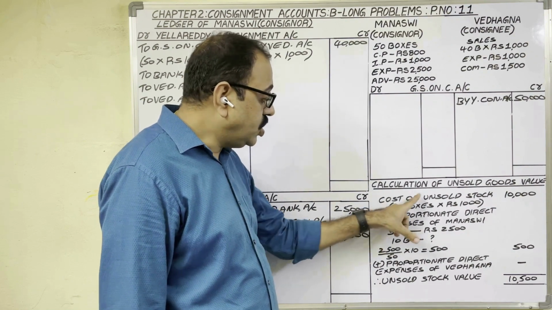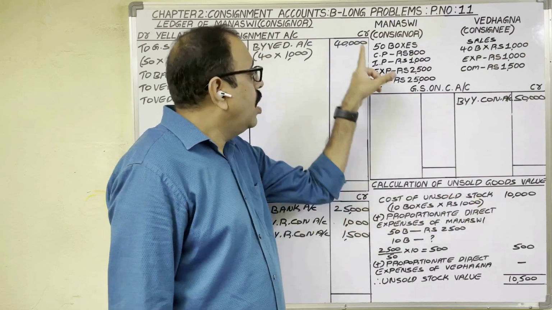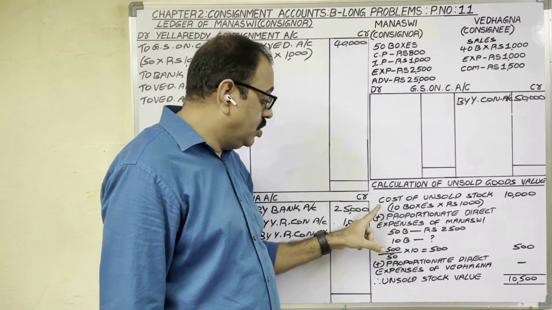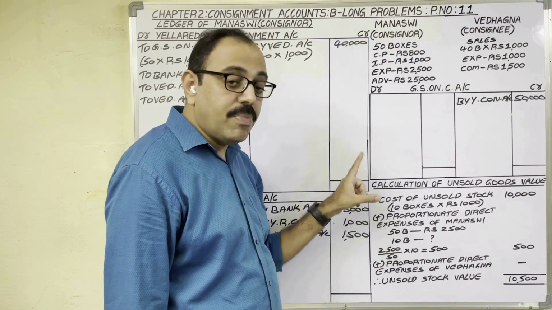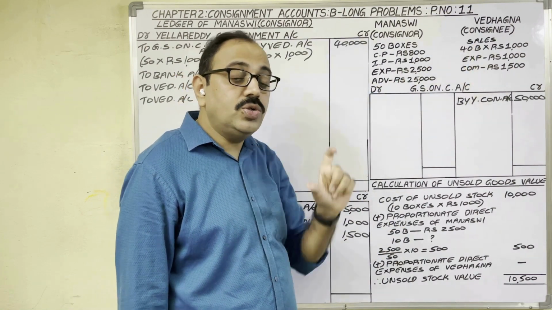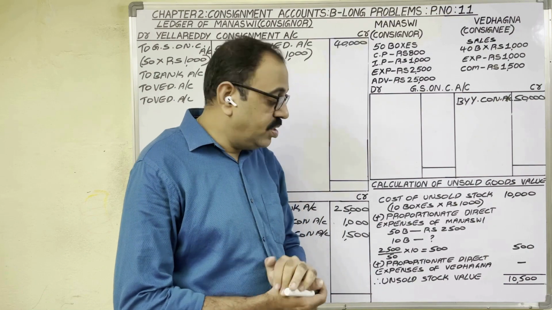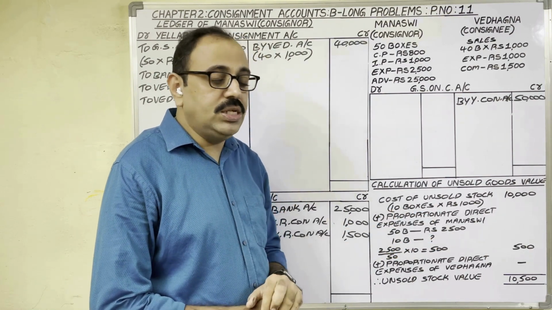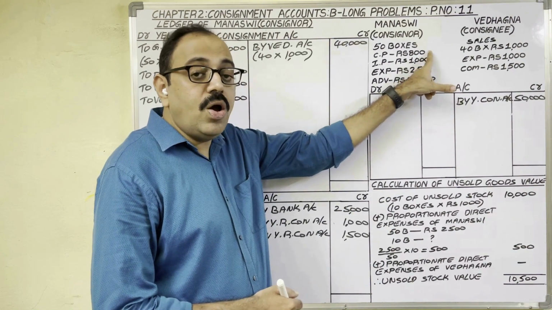First, we should take the cost of unsold stock. How many boxes were sent by the consignor? 50 boxes. So 50 boxes minus the 40 boxes sold by the consignee. So unsold stock is 10 boxes. Therefore 10 boxes into. Now the question is whether we should take cost price or invoice price.